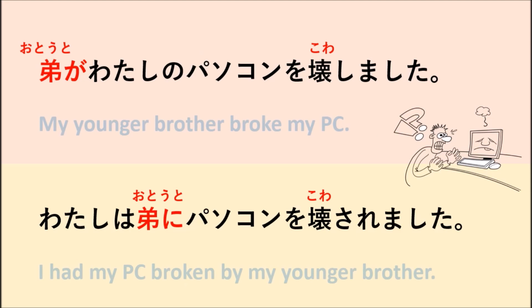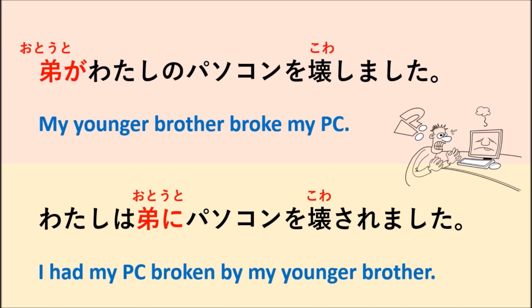This means that the first sentence means my younger brother broke my PC, or my personal computer. And the second sentence is like I had my PC broken by my younger brother. So it's quite different when you change the present simple tense to the passive tense.